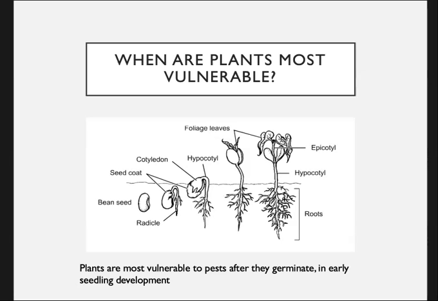So plant tissues during this early growth stage are usually softer. They're more nutritious. They contain lots of nitrogen and amino acids. And so they're super attractive and tasty to pests. The other downside is that young seedlings generally don't have all of their chemical and physical defenses set up, not so well developed.